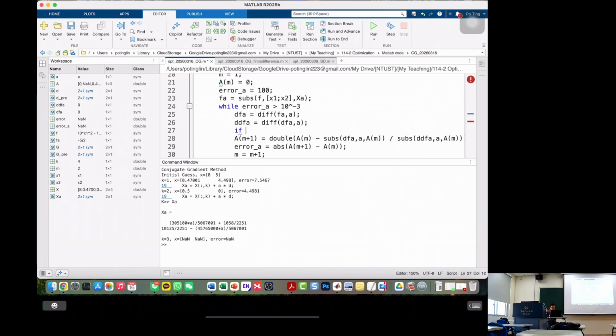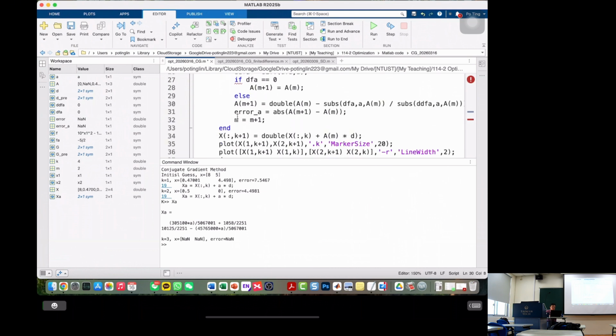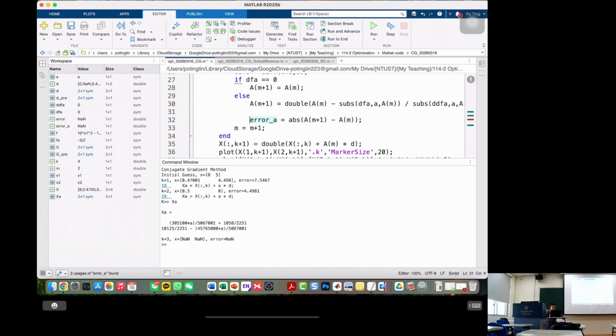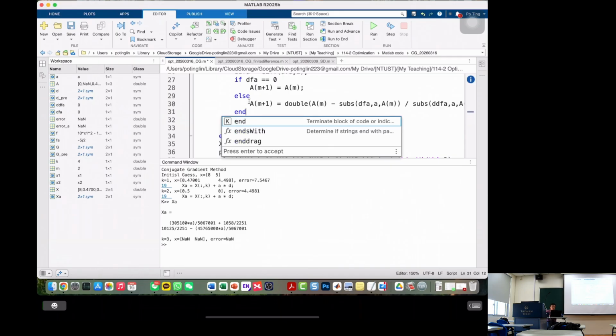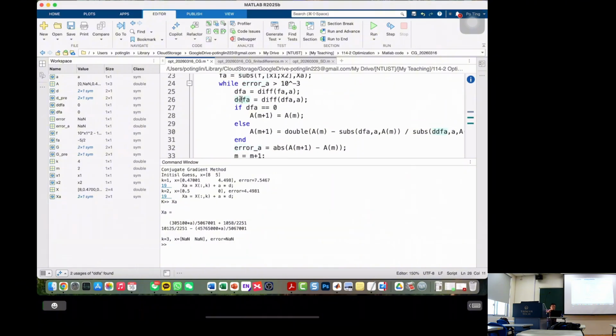if DFA equals to 0, then basically a m plus 1 equals to a m. Else this, because my code didn't worry about f double prime, but I should worry about it.